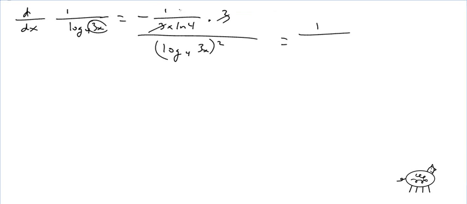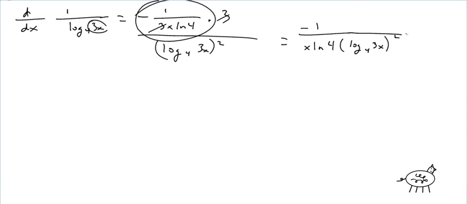So this guy for the top goes on the bottom, so it's negative x ln of 4, and then it's log base 4 of 3x squared. Okay, just kind of put everything together. That wasn't too bad.